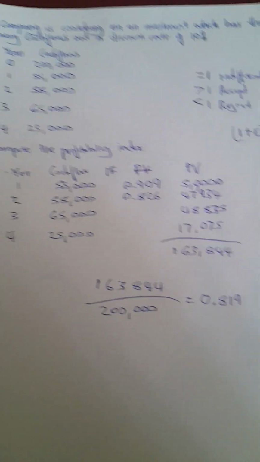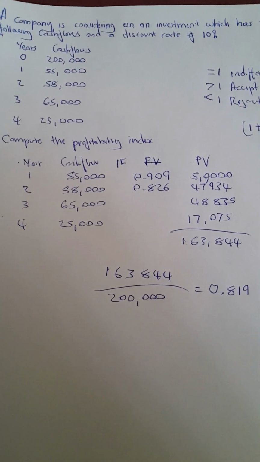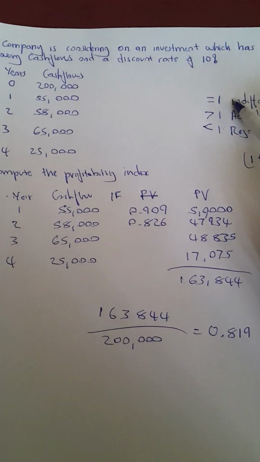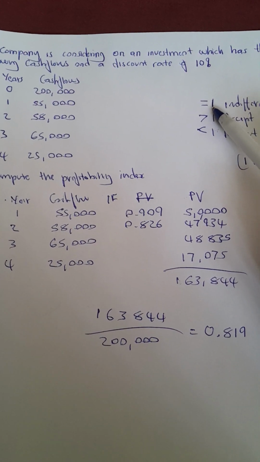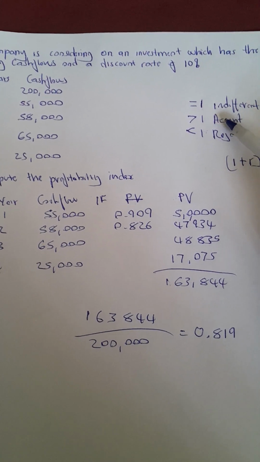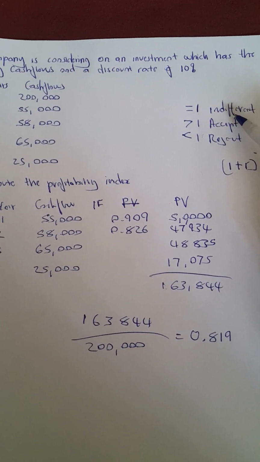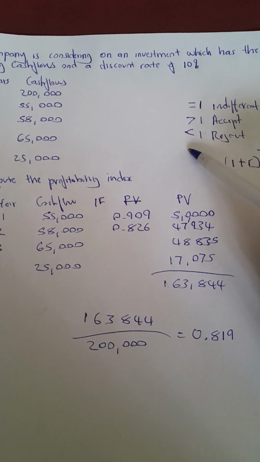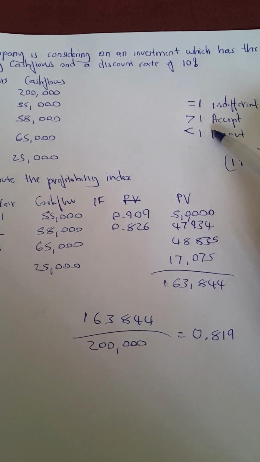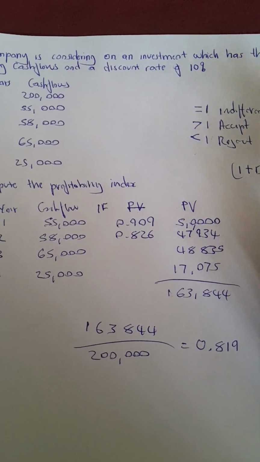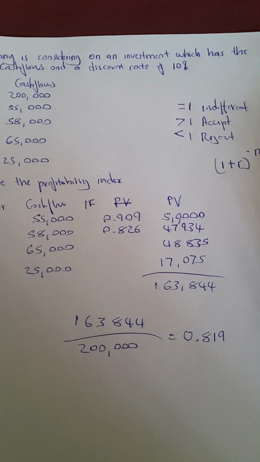Our answer will be 0.819. And remember, the decision criteria under profitability index: if your answer equals 1, the project is indifferent, you can either accept or reject. If you get an answer greater than 1, you accept the project, the project is viable.